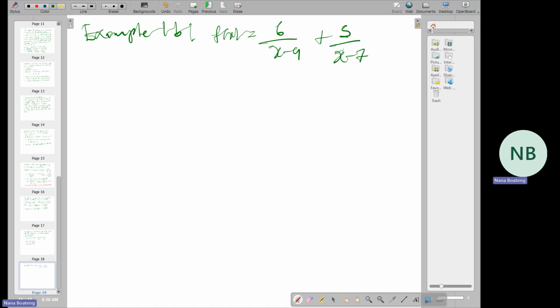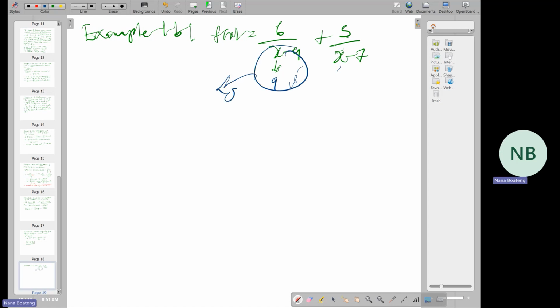All right, so as we saw earlier, if x is equal to 9, the denominator here will evaluate to 0.